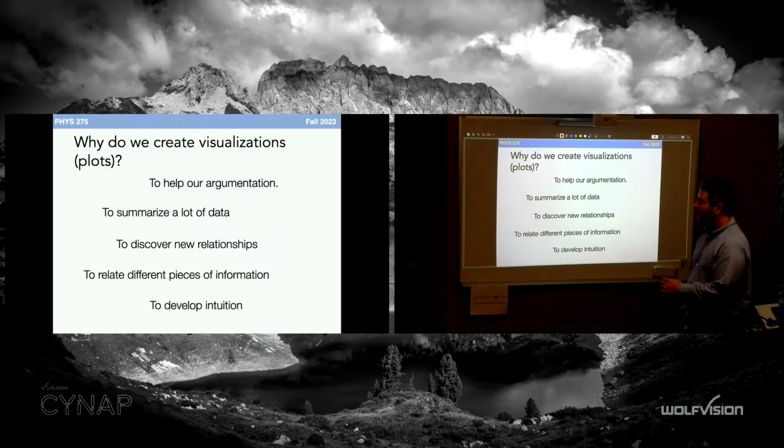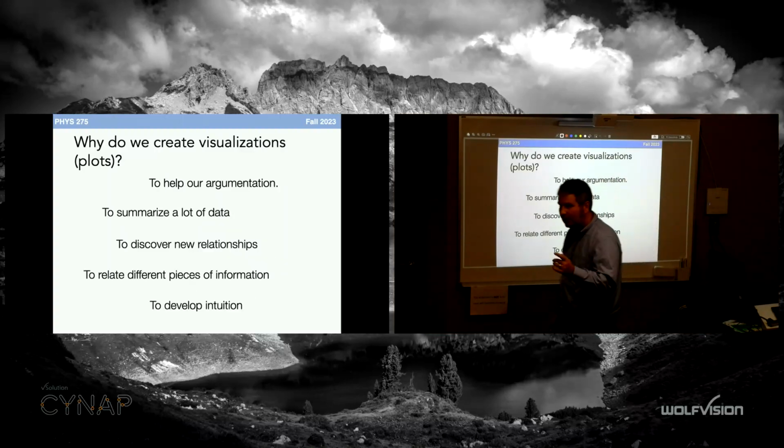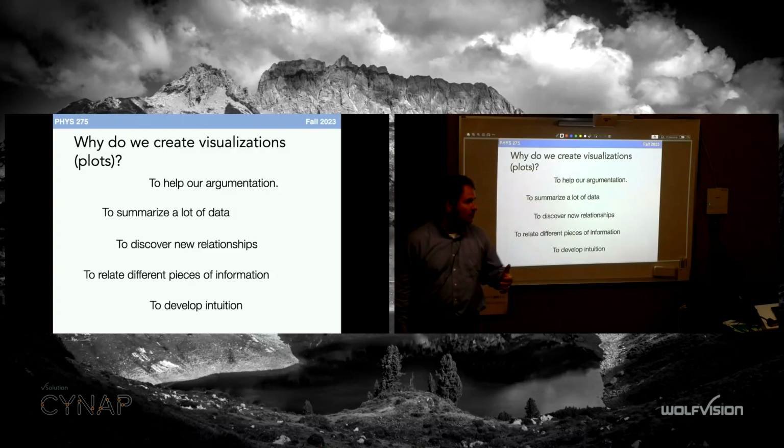Okay. So why do we make visualizations, right? We already did a couple, and we did them to essentially check. That's the one that's not on here, but usually we make a first plot to go, is this working? Is my model actually over the points or nowhere near them? You can't tell that from a table.